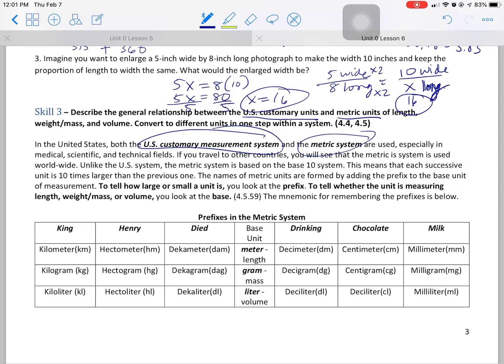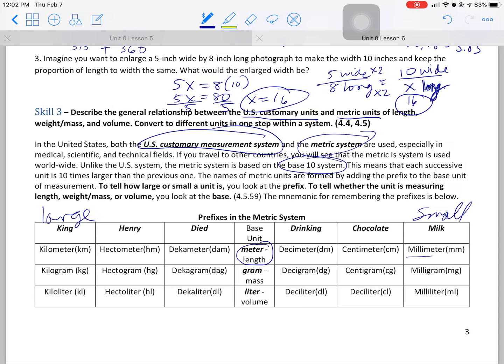So we just need a little cursory description of the metric system. It's based on a 10 system. So let's say meters are a version of length in the metric system. So this is a chart going from large to small.